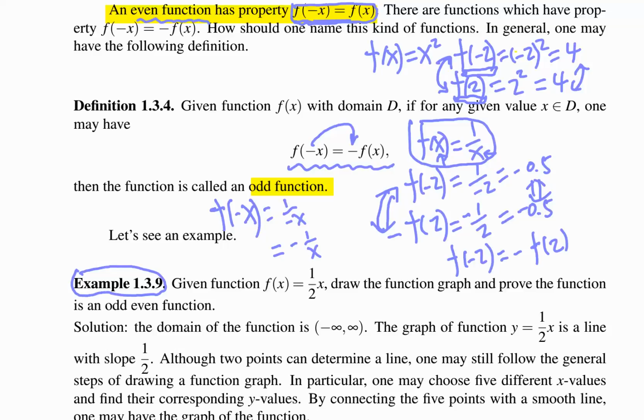And remember, this was our f of x. Right here you can see clearly, f of x is 1/x. So this basically tells us -f of x. Then we have proved f of -x is -f of x. So this function is an odd function.